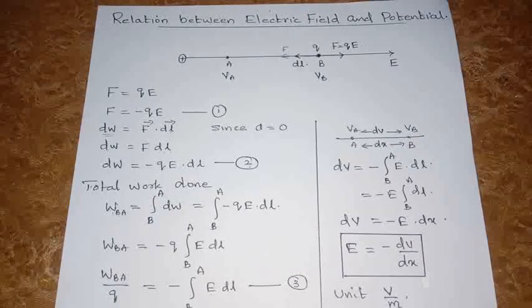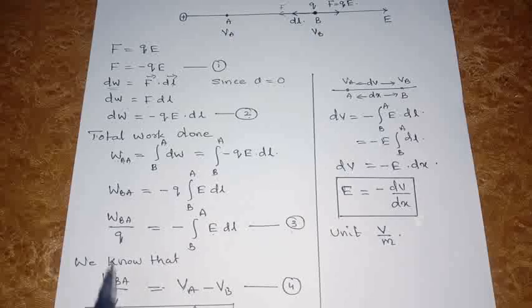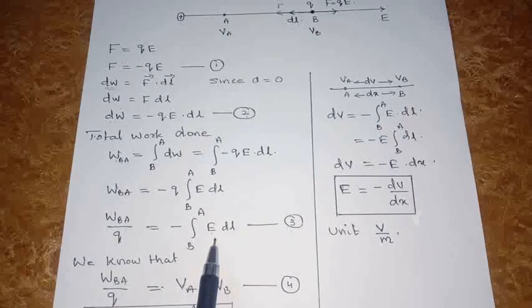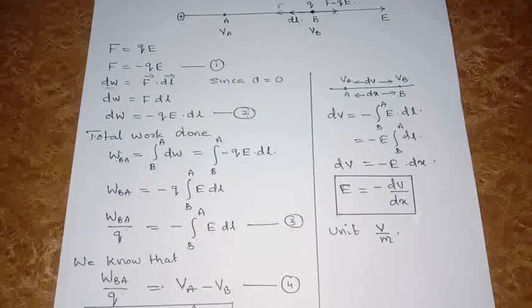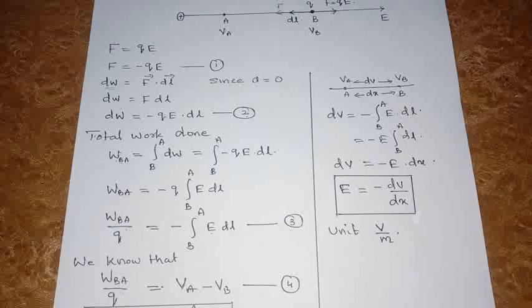Look at the left hand side. The left hand side remains the same, therefore the right hand side we can equate. When we equate the right hand sides, VA minus VB is equal to the negative of the integral from B to A of E dl. Even if I write E dot dl, it is correct only because theta is equal to 0.